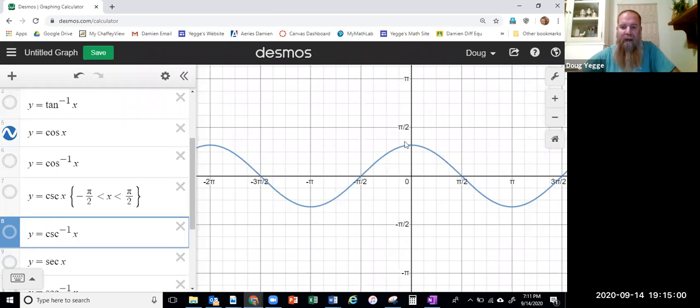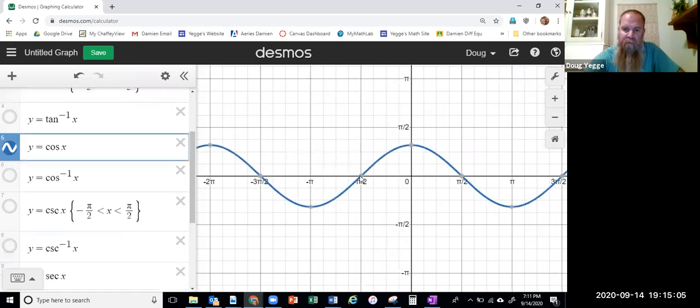So if we now go back to our graph for cosine of x, notice that if I picked from -π/2 to π/2, then I would only get this top piece of the graph. For picking all of these values between -π/2 and π/2, I would never get any of the possible negative outputs. So the smallest interval that we can get in order to make sure that we get all possible outputs would be from the top at +1 down to the bottom at -1.